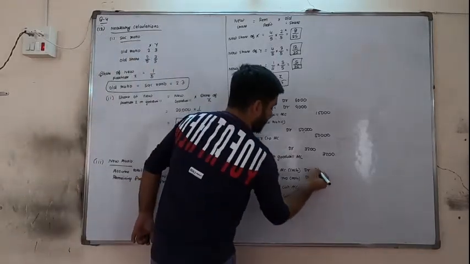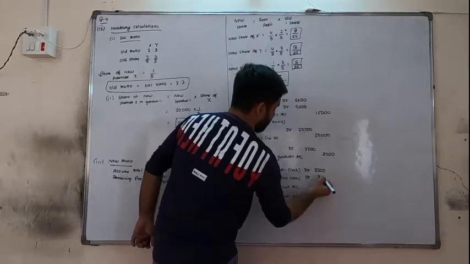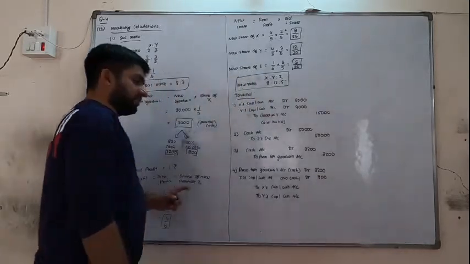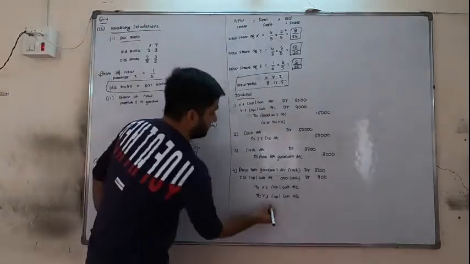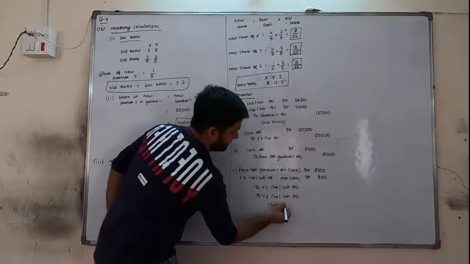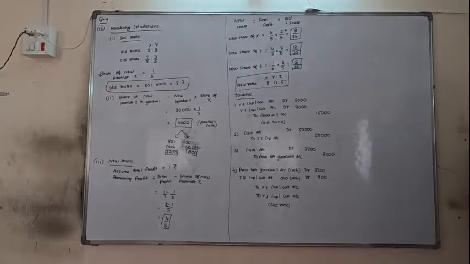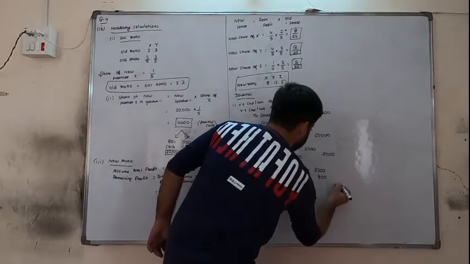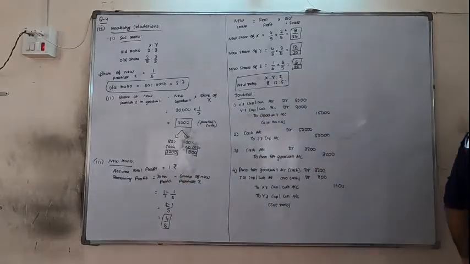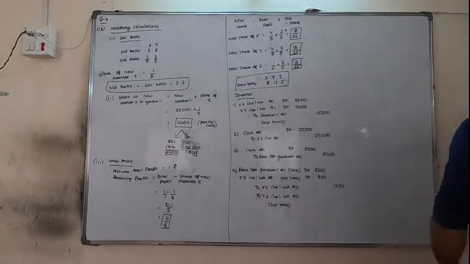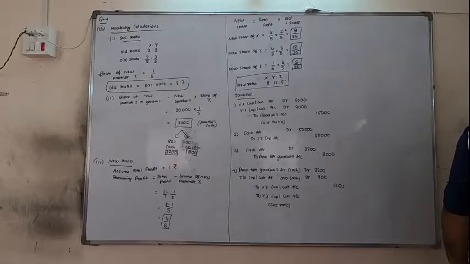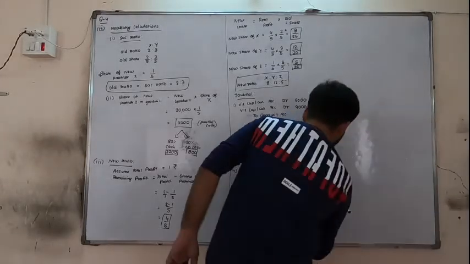Now the goodwill in cash is 3,200, in no cash it is 800, so total it is 4,000. 4,000 is to be distributed in sacrifice ratio, that is 2 is to 3. 4,000 divided by 5 is 1,600 and 2,400.